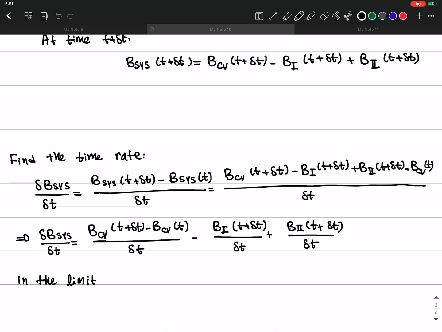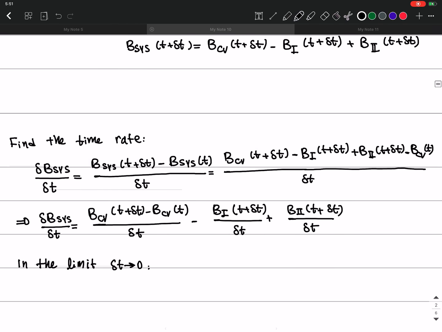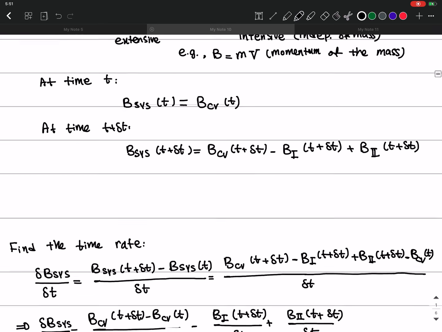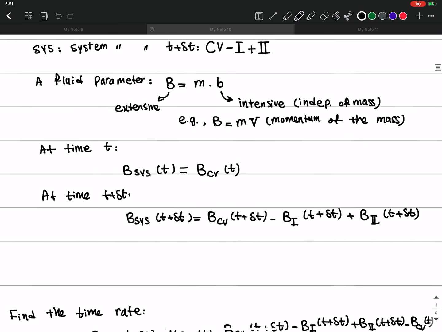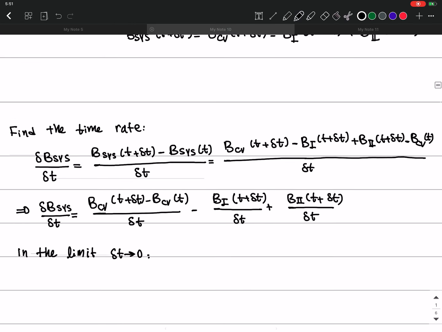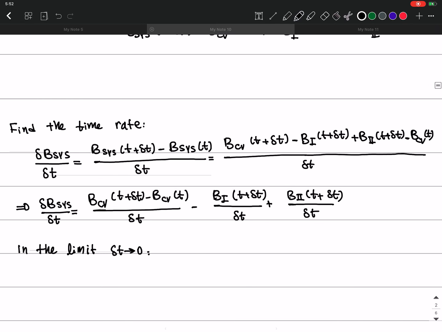In the limit that delta t goes to 0, let's see what would be the rate of change of this system. This B, again, is an extensive parameter that can be anything, right? For example, mv is the momentum of mass. We can put t or acceleration and anything. Okay, so let's take the limit.